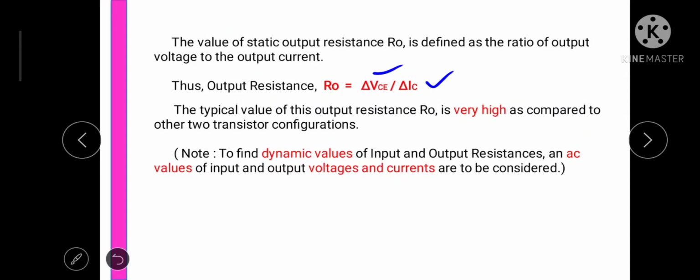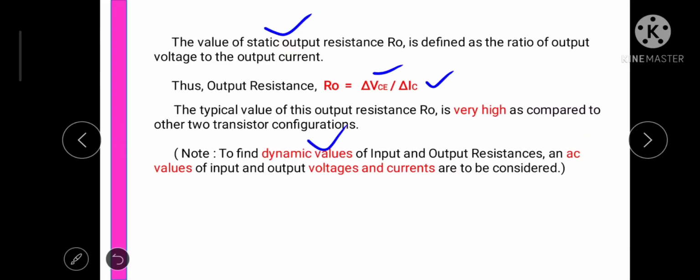The typical value of this output resistance RO is very high as compared to the other two transistor configurations. Here we are using the word static resistance because we are taking the DC values of output voltage and output current. To find the dynamic values of input and output resistances, AC values of input and output voltages and currents are to be considered.